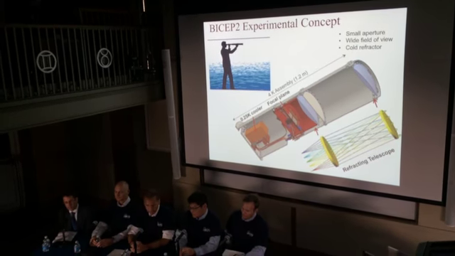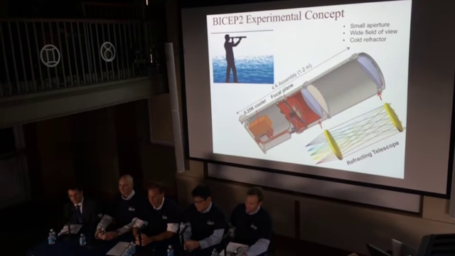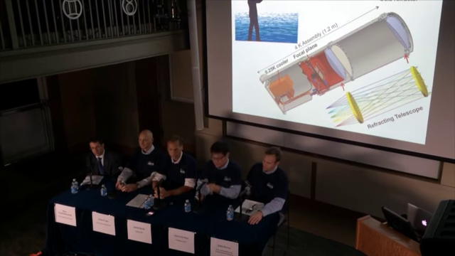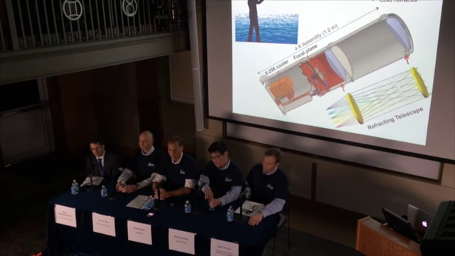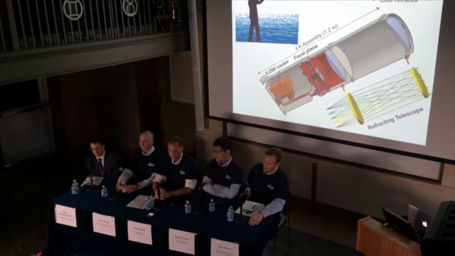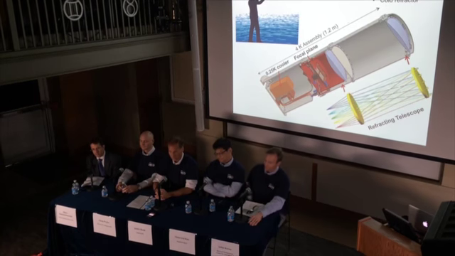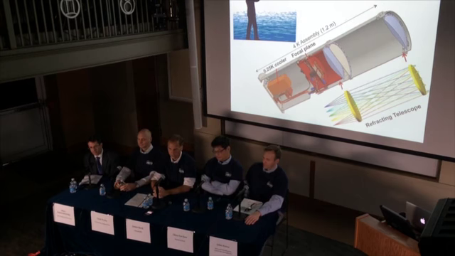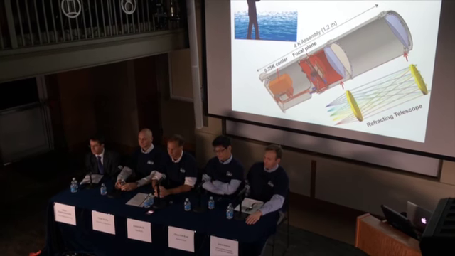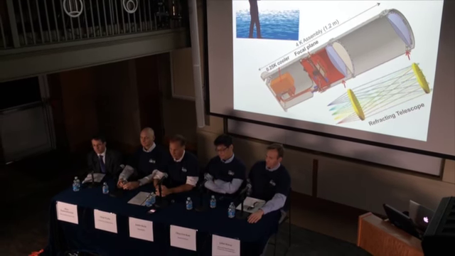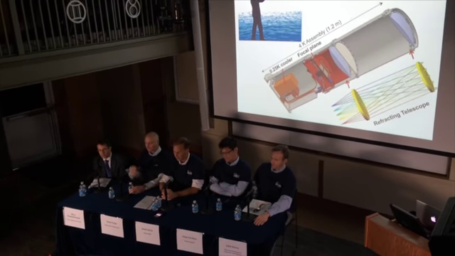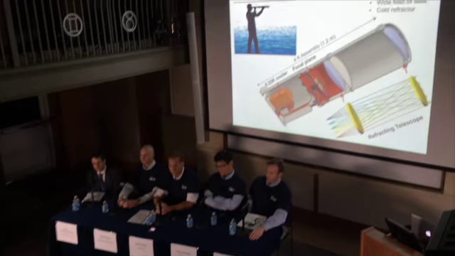BICEP was really the first experiment of its kind, and it was based on a radical concept, which is to use a small telescope with just enough resolution to detect the polarization fluctuations where they're brightest at an angular scale of about 2 degrees. Now that small telescope is 2 lenses like a spyglass, and the primary aperture of our telescope is about 26 centimeters.